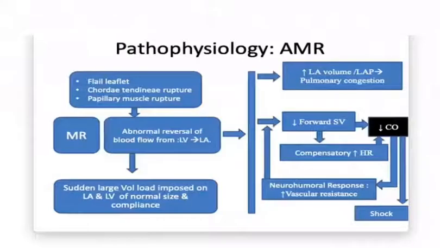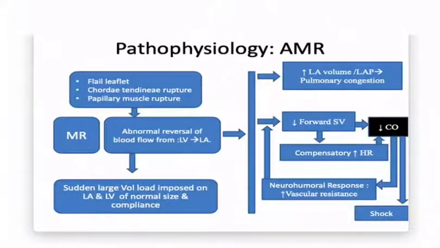Coming to the pathophysiology of acute MR, most commonly there is a chordal tear leading to a flail mitral leaflet. So there is abnormal regurgitation of blood into the LA, whose size is normal, despite a huge amount of regurgitation into it.